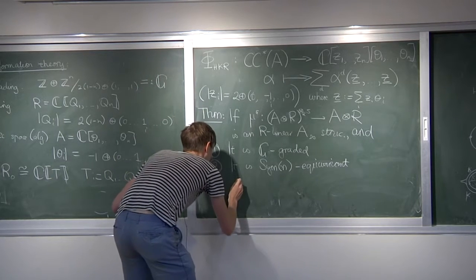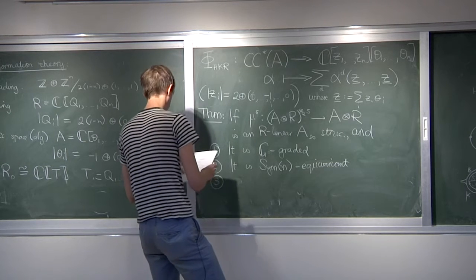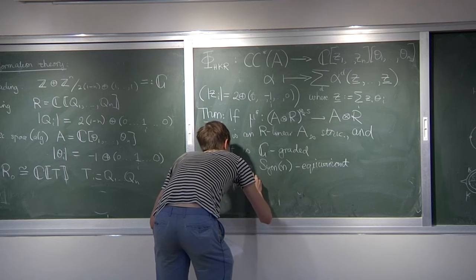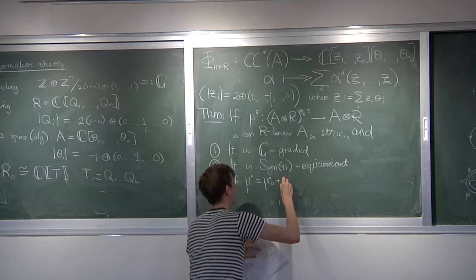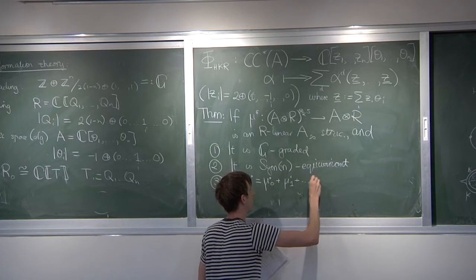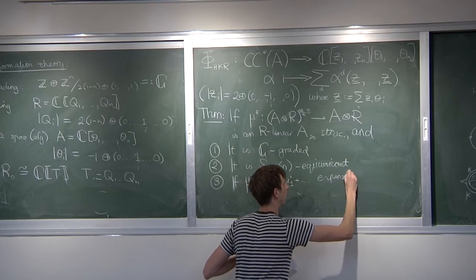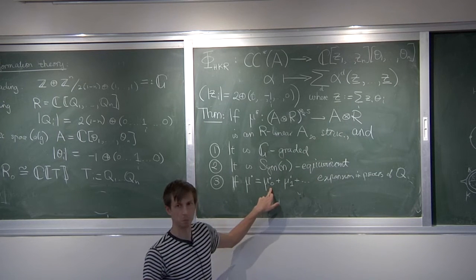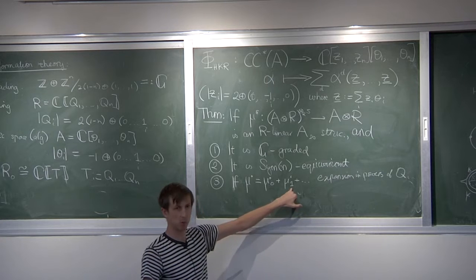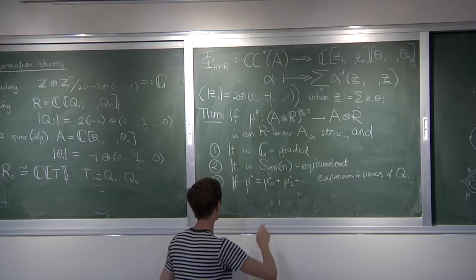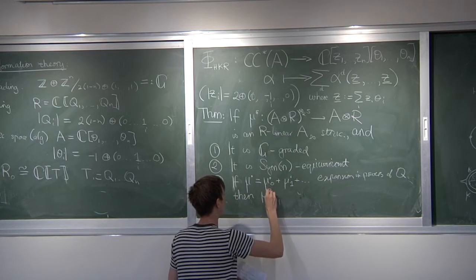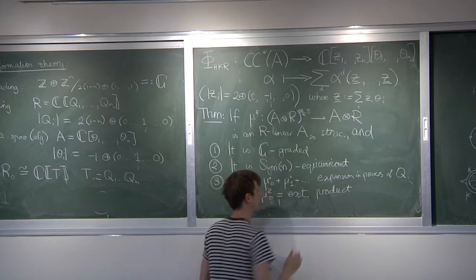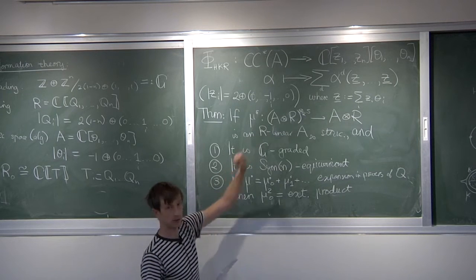The third thing is, if we write mu^0 for the part that has no powers of q_i in it, mu^1 that only has a linear term in the q_i in it, and so on, then mu_2^0 should be the exterior product on A.